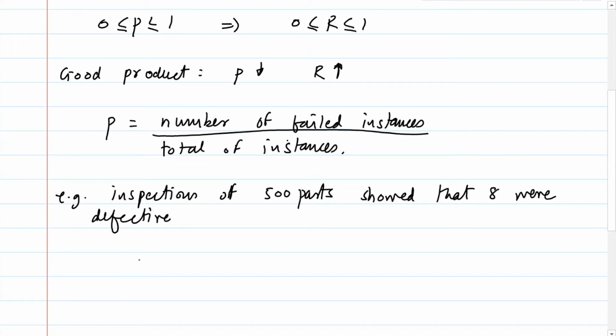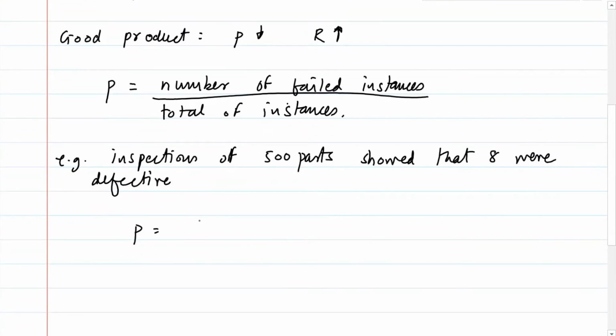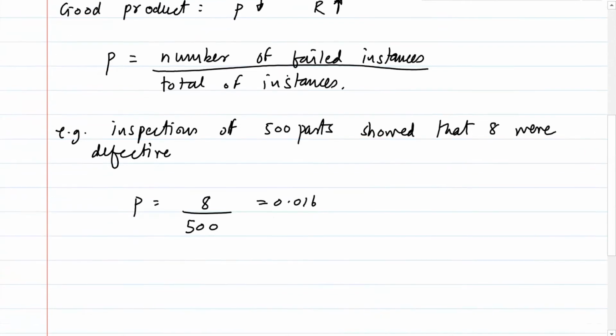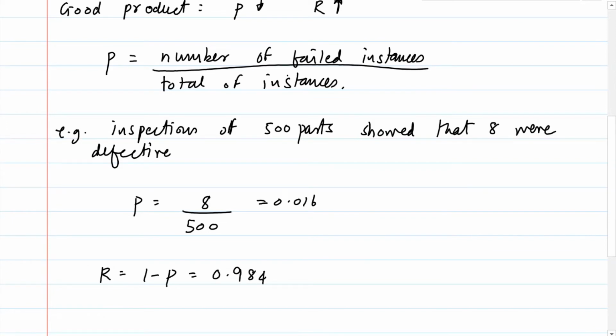In this case, the probability, by definition, is the number of failed instances divided by all instances, and that number comes out to be 0.016. Which means the reliability is 1 minus P, or 0.984, or 98.4%.